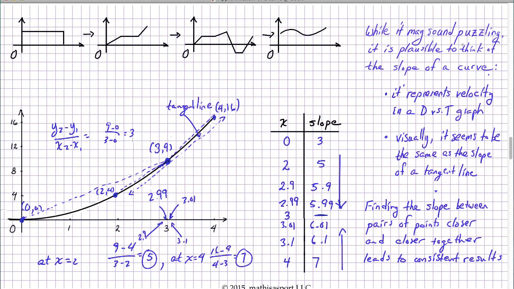And similarly, we argued in a visual way that the tangent line has a slope. And even though it's not clear how to construct such a tangent line, we're persuaded that one exists. And so maybe the slope of the curve is really synonymous with the slope of the tangent line at that point.